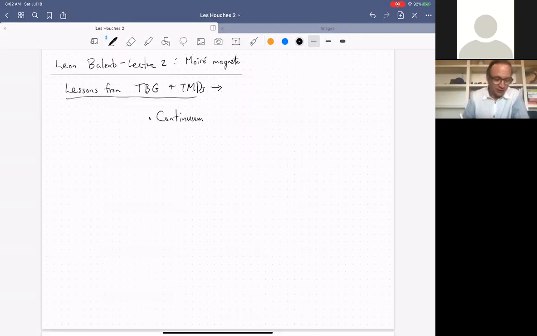But we saw in these previous examples that there are continuum descriptions which work very well. They're very useful and intuitive. And they have the huge advantage that one doesn't have to keep track of tens of thousands of individual atomic sites.